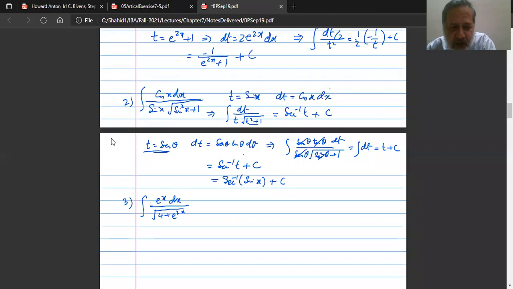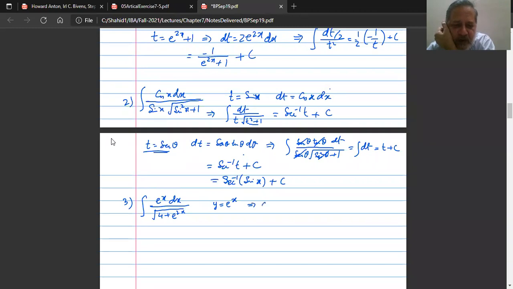And this means that under the root you have the structure of what? Constant plus variable square, and wherever constant plus variable square appears, we think of the substitution a tangent theta. But before making it a tangent theta, we first write down y is equal to e power x.